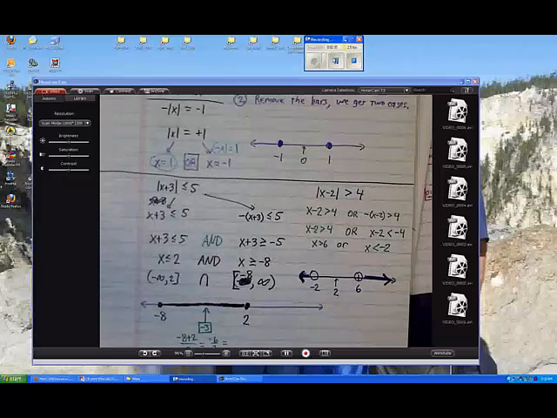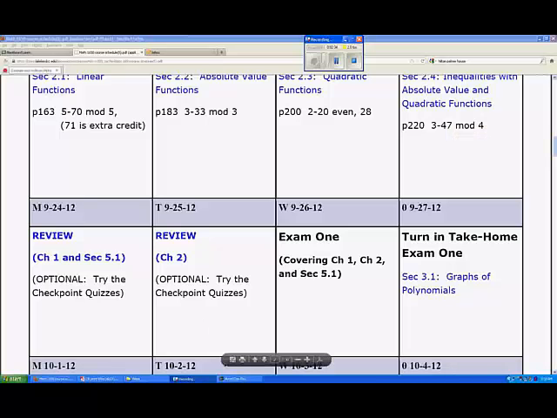One of the keys to understanding this section is to understand the idea of domain. Domain is the set of all possible, what is it? Inputs, right? Now the domain is all real numbers. You can put in any x you want for these functions.